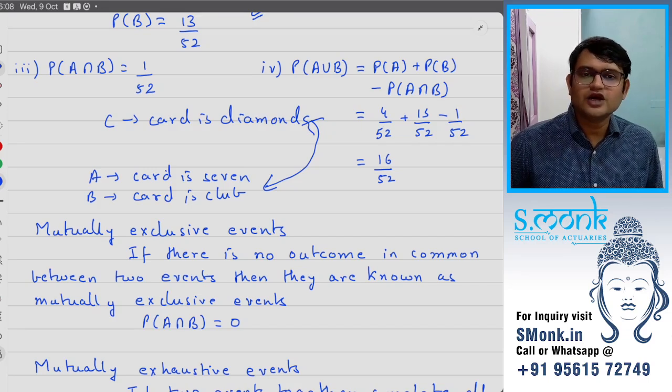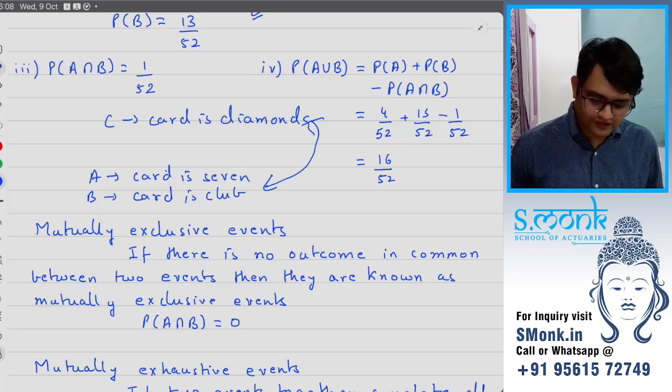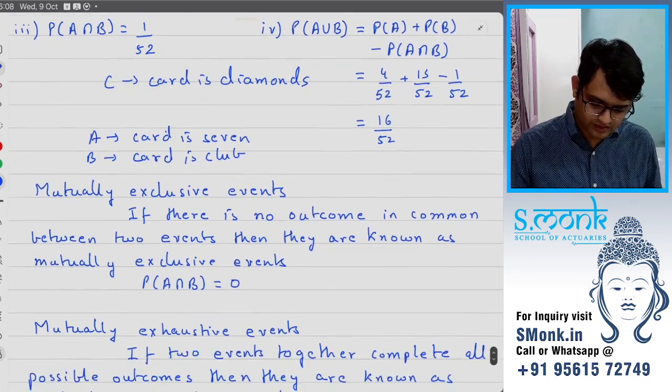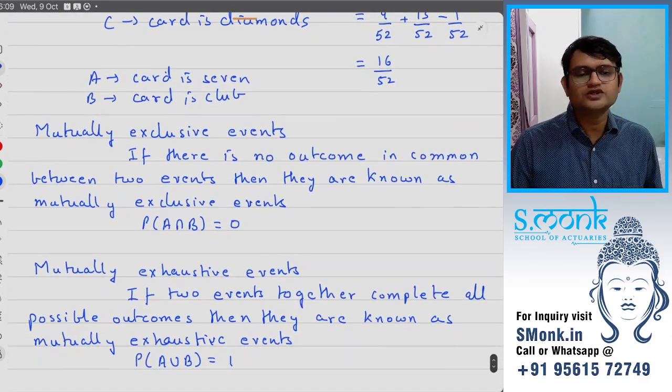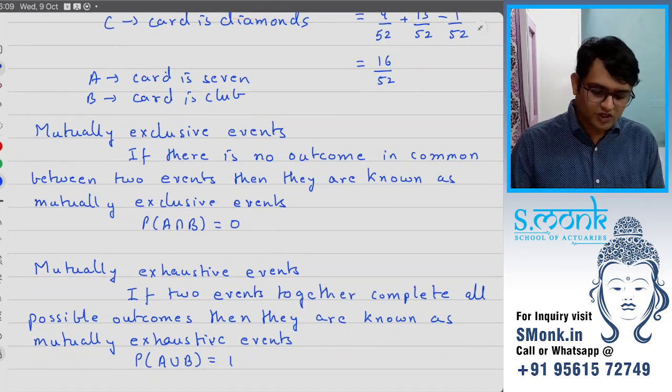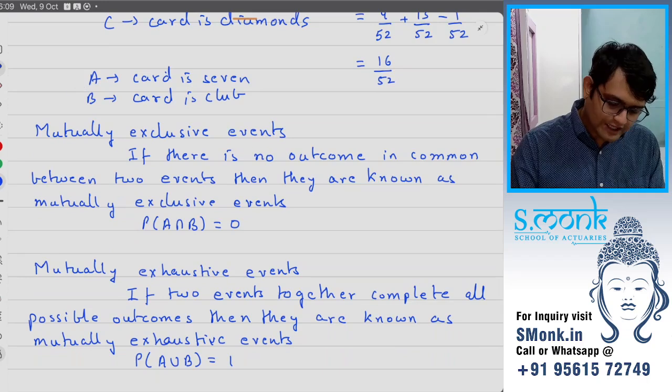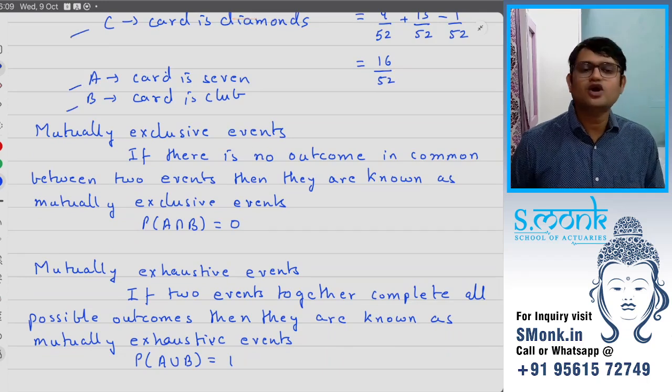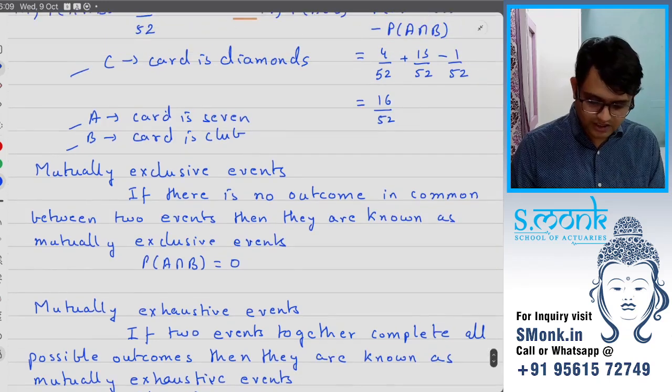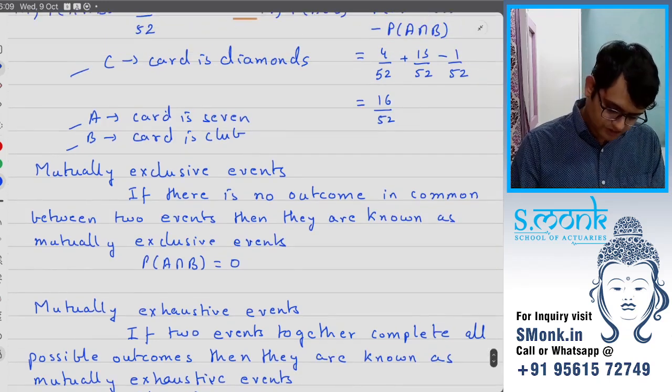Then for mutually exhaustive, they should together make up everything. Now even if I add up A, B and C, they are not going to make up everything. So they are not mutually exhaustive. They are not taking all the 52 cards into consideration.